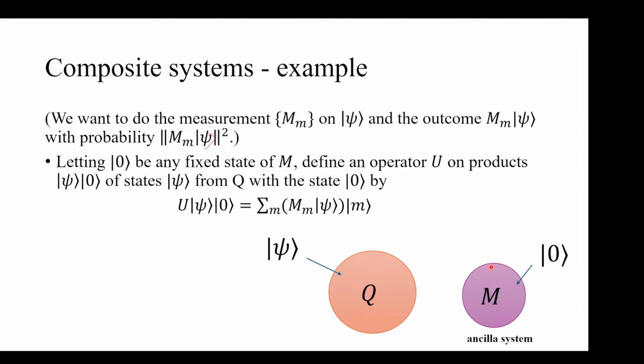As we said, what we want to do is apply some unitary on both systems. So we want a big unitary on both systems, which will make the two systems entangled and correlated in some way. Then we do measurement on our small m. What does this unitary look like?